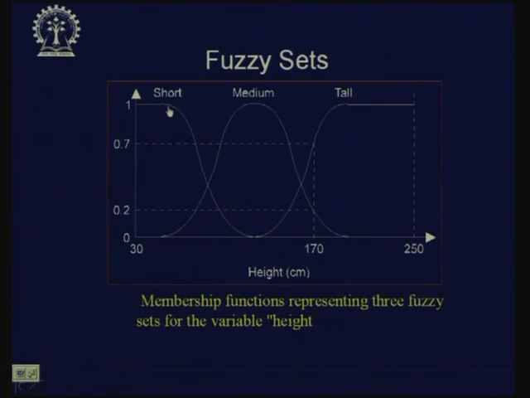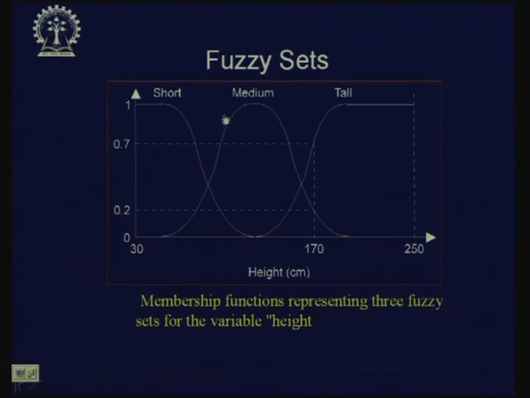Now, the curve for short, if you follow, is coming like this one, that is height of 30 centimeter is certainly short, but height of around this point say 50 centimeter is short with membership 1, but somewhere here height of say 80 centimeter, its membership in short is 0.7, height of 100 centimeter, its membership in short is 0.2, like that.